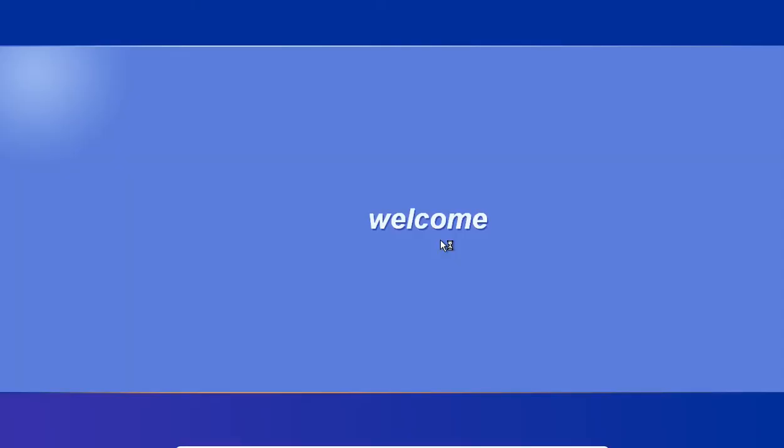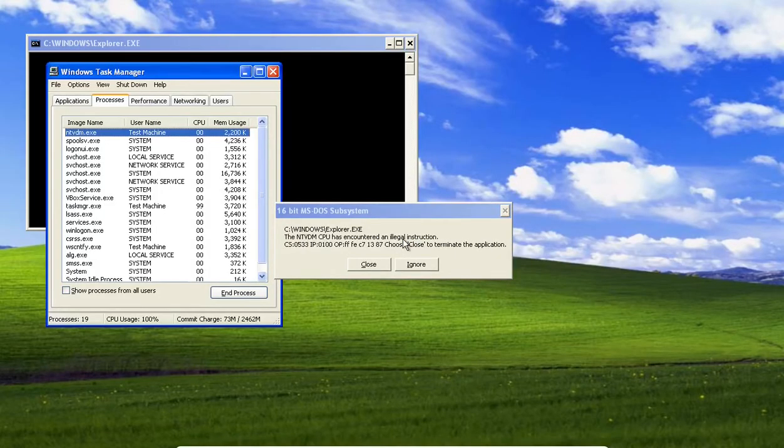Alright, and we are booting up here. It's all looking good right now. But what happens when we deleted all of its resources? It's still technically the same thing, but does it even want to go into the desktop? Let's hit Ctrl Alt and Delete here.